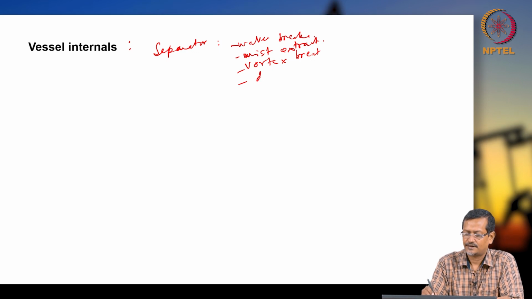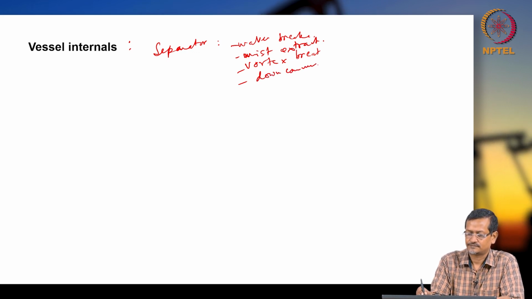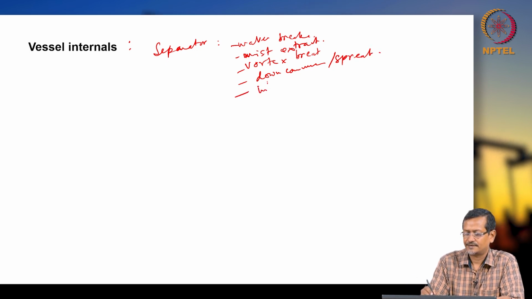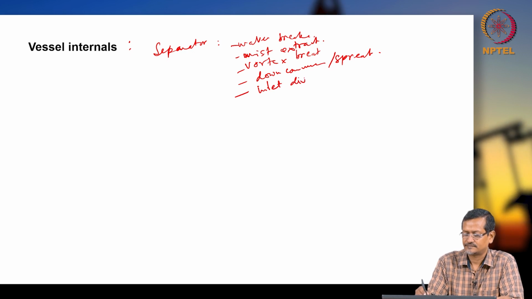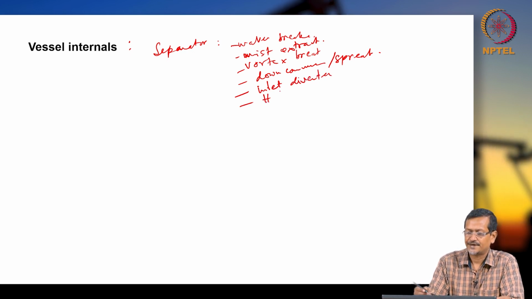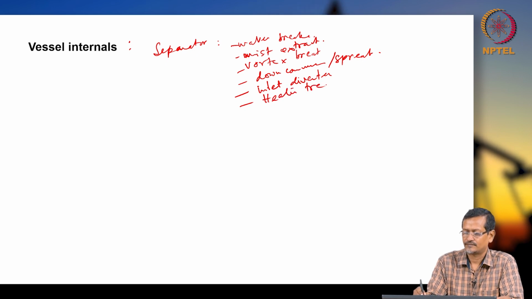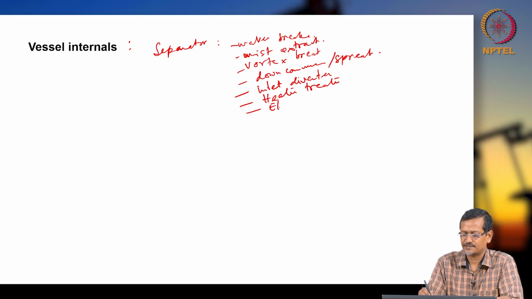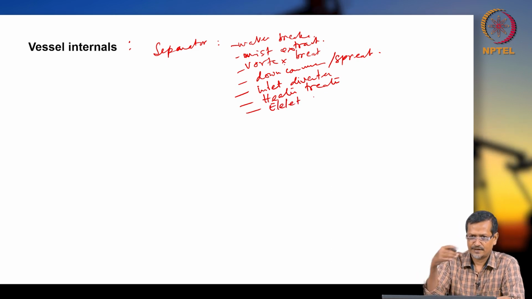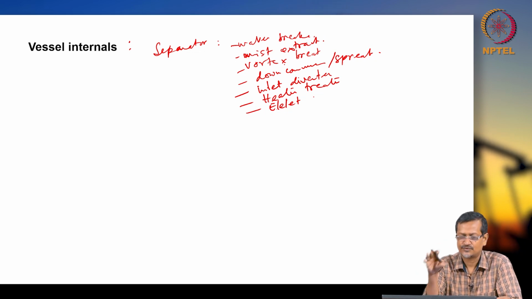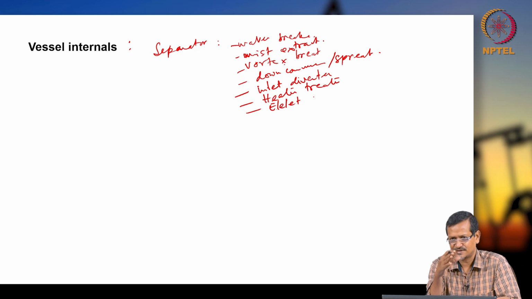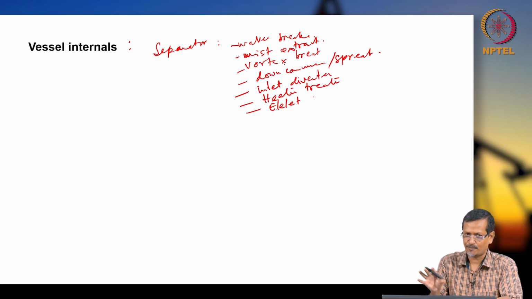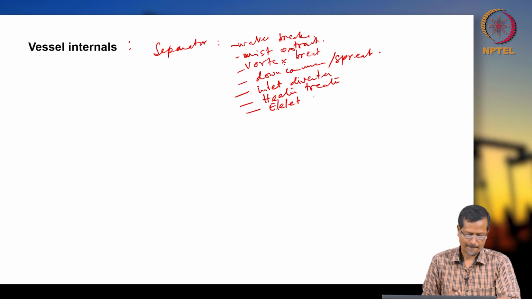Then downcomer, spreader, inlet diverter. Then maybe heater treating equipment, and maybe an electrostatic separation system. So, many internal components will be there, and gradually we will be learning. Whenever we discuss further, for example electrostatic separation and heater treating systems, we will see much more complex systems. Presently, we are discussing simpler ones.